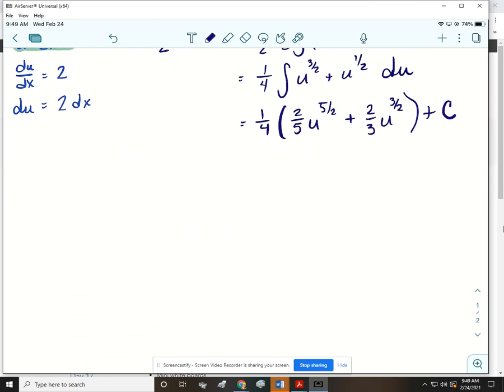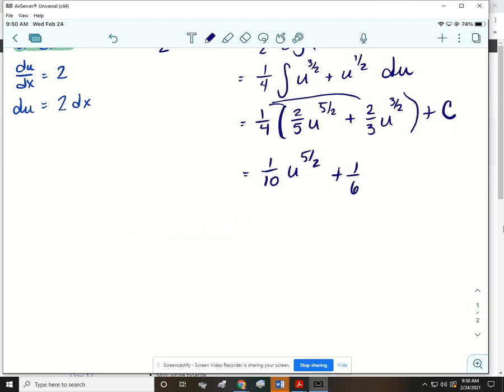Okay. And we just need to simplify this a little bit. So I'm going to distribute the 1/4. So I do know the 2 and the 4 would reduce down, and I would end up with 1/10. And the same thing on this one, the 2 and the 4 would reduce down.